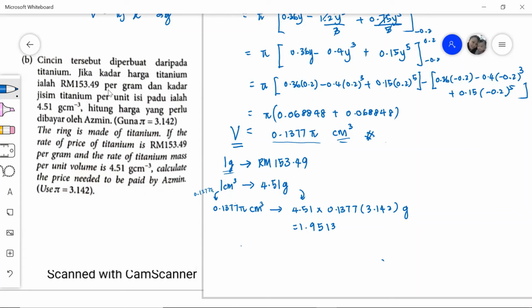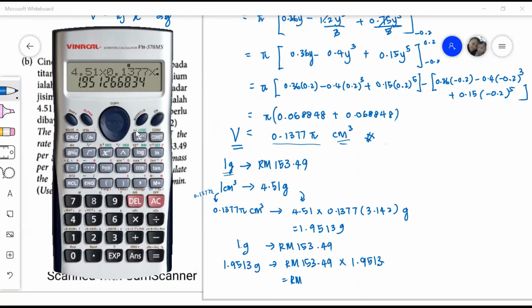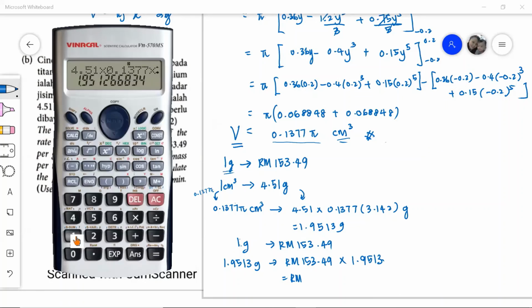Okay, and therefore now we count the price. This is in terms of gram. For every 1 gram, we have to pay 153 ringgit 49 cent. So now we have 1.9513 gram. So let's take 153 ringgit and 49 cent multiplied by 1.9513. Let's calculate: 1.9513 times 153 ringgit and 49 cent.